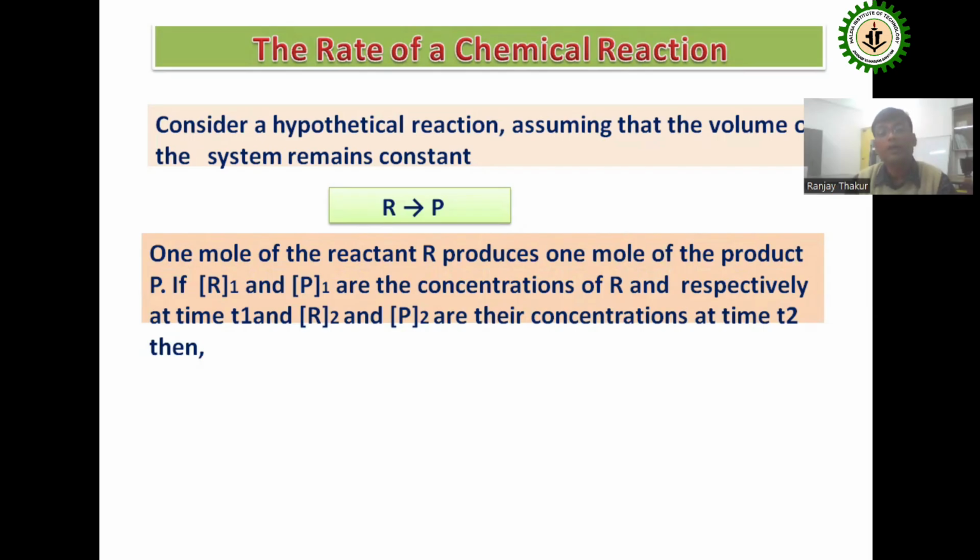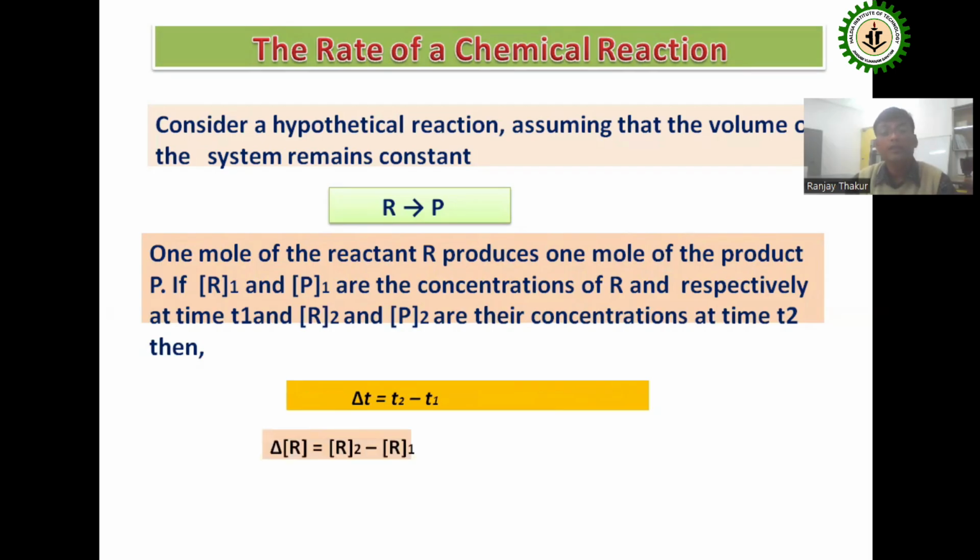Now, if R1 and P1 are the initial concentrations of reactant and product respectively at time T1, and R2 and P2 are their concentrations at time T2, then the change in time, that is the time consumed for the reaction, is del T, given by T2 minus T1.